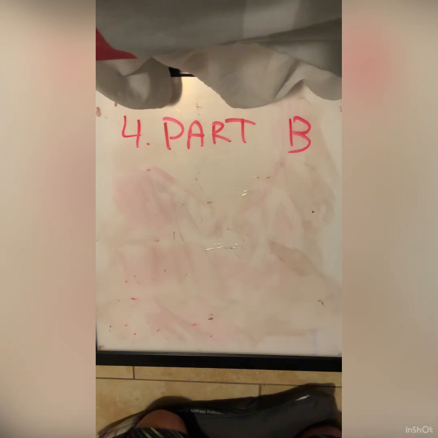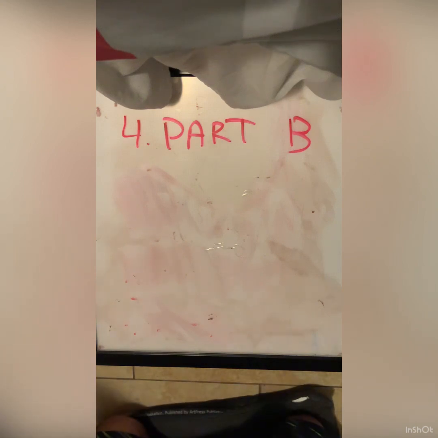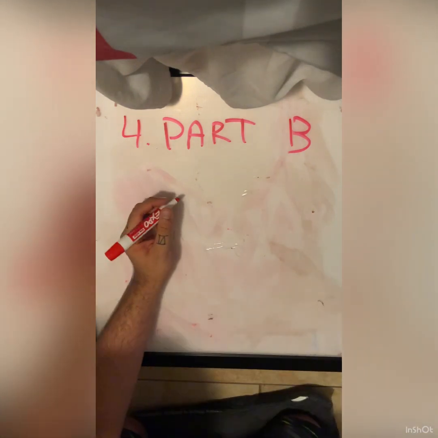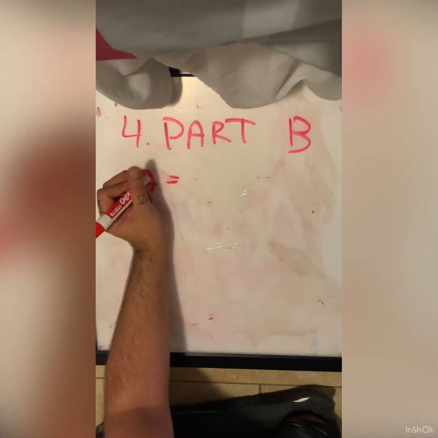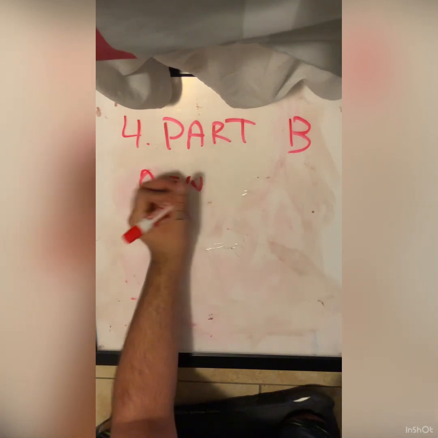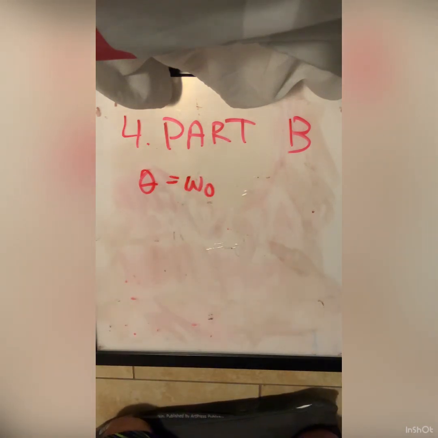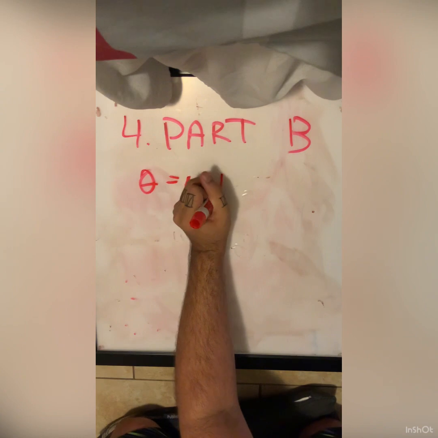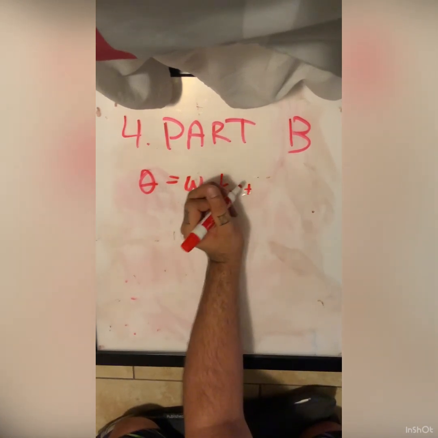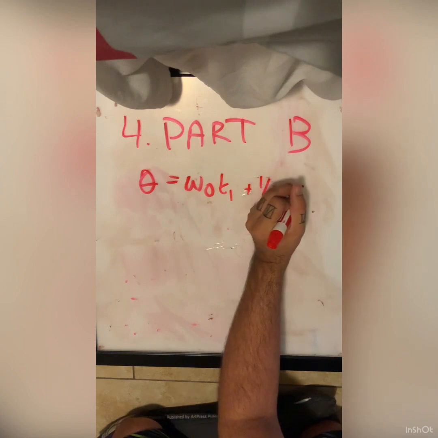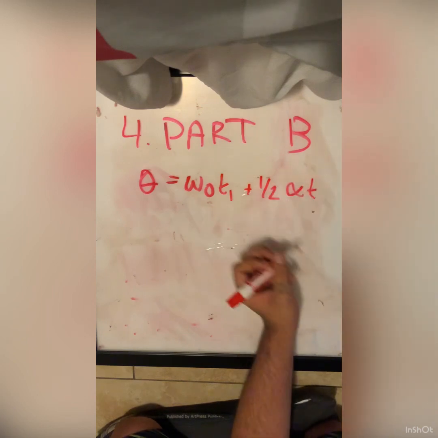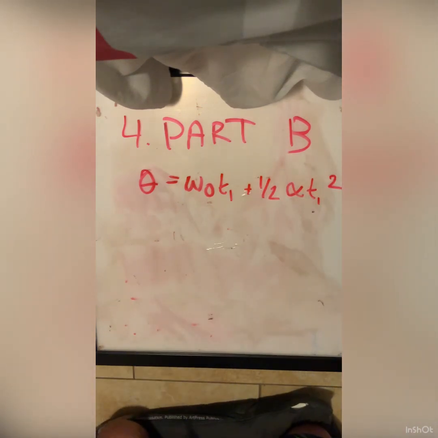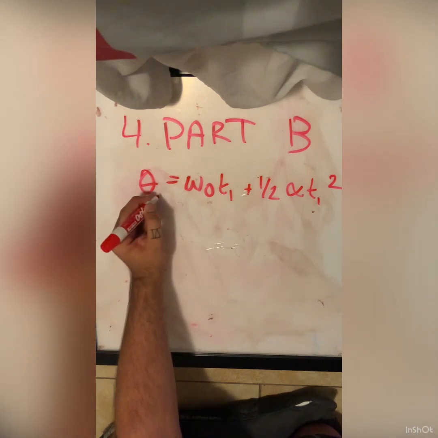And how we would solve this problem is by using our equation to find the angle, which is: the angle is equal to the initial angular velocity times time plus half times angular acceleration times time squared. And we're trying to find the angle.